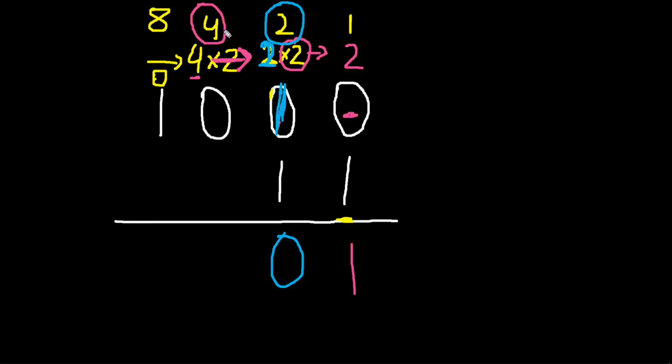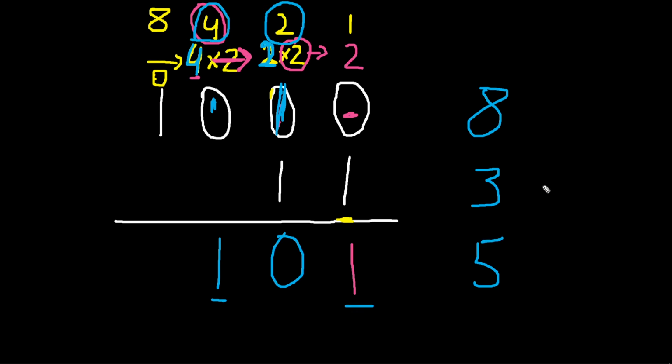In this rank we have only this 4 left, and it's a 4 rank and we have 1 left here. That's why we have 1 here. So we have 8 minus 3, and we have 5 here, because this is a 4 and this is a 1. I think it's quite understandable.